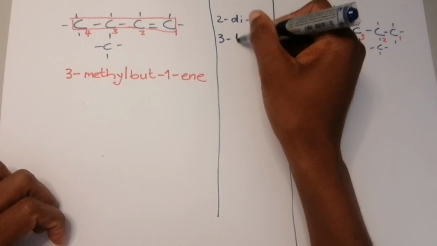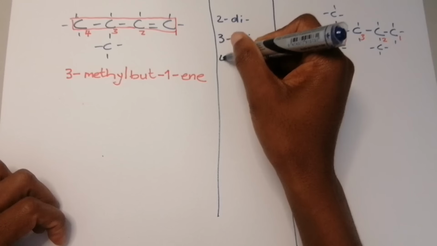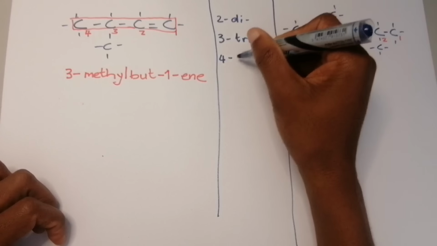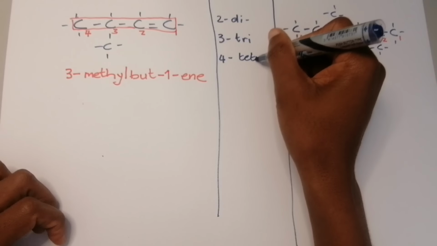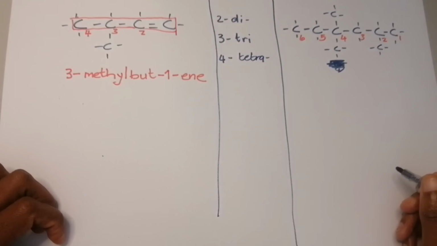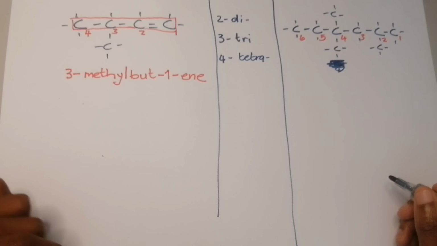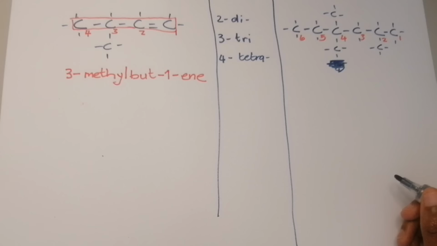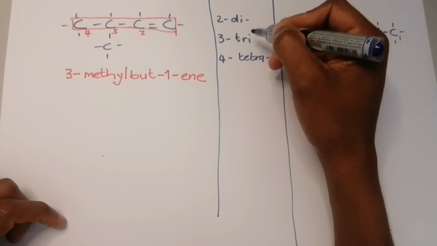So for 3, we use the prefix tri. If we've got 4, we're going to limit it to 4, we use tetra. So when we see 2 or more of the same things, then we know that we must use a prefix like di.